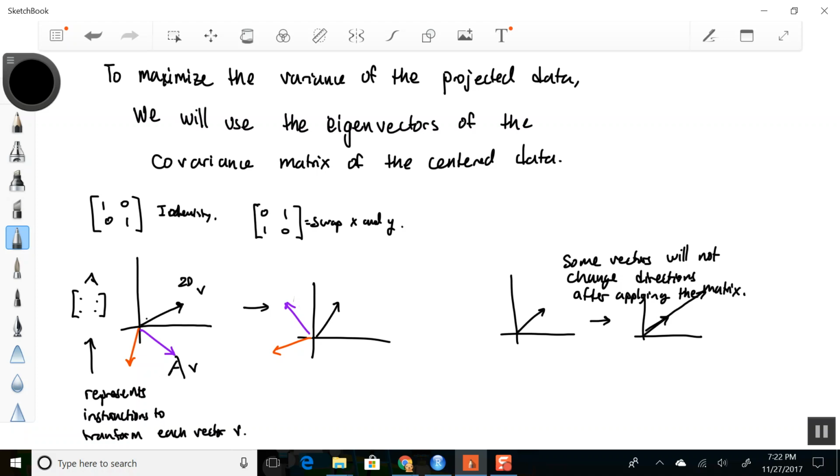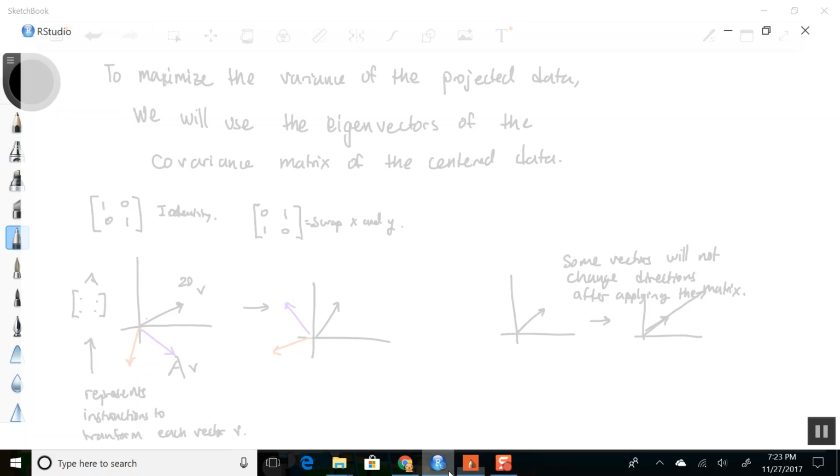Those vectors that are unaffected after multiplying by the matrix are considered eigenvectors of the matrix. Multiplying by the matrix doesn't change their direction. Anyway, let's just try this out on some data here.